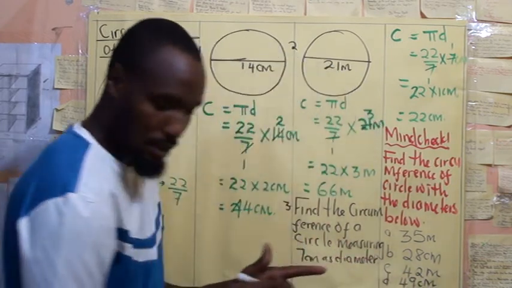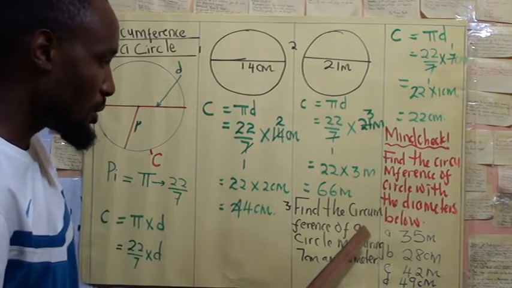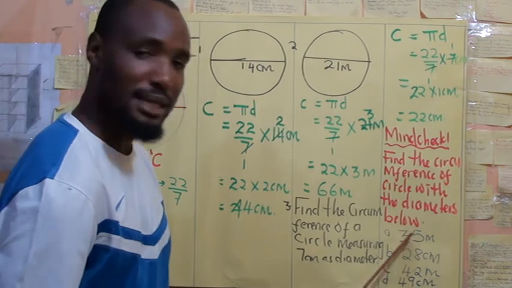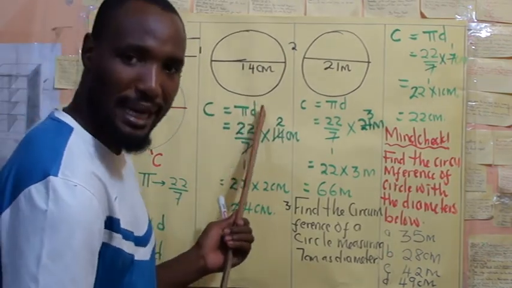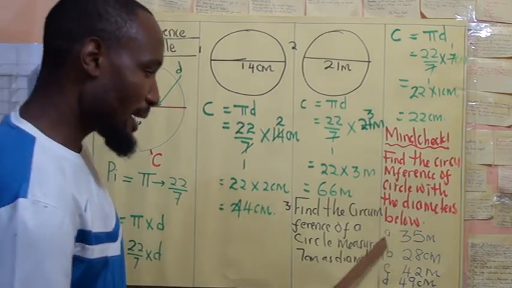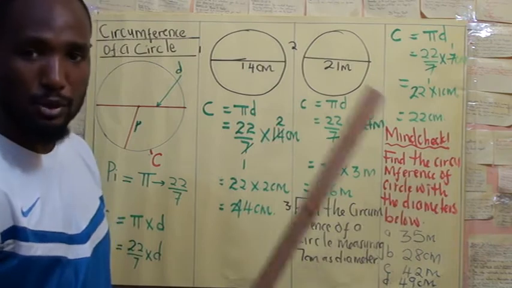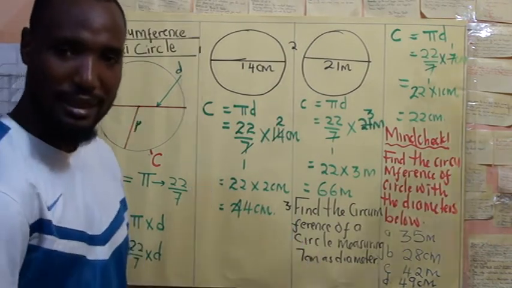You are going to draw a circle and give it diameter 35. Then you use this method, circumference is equal to pi d, and you solve. Then draw another circle with diameter 28, just put the value inside, you don't measure, then calculate.